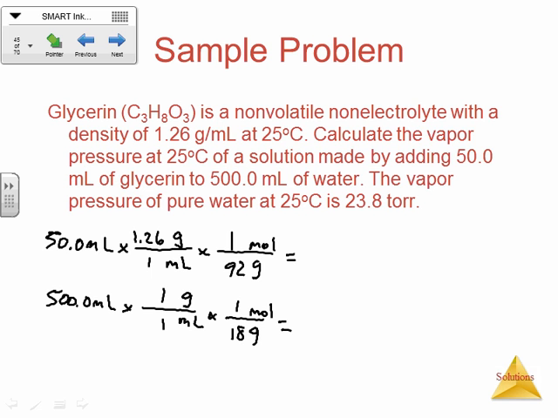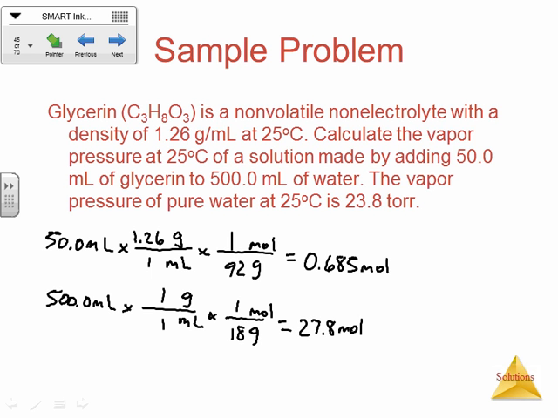So then when we calculate both of those things, this is going to give us about 0.685 moles of the glycerin, and 27.8 moles of water.